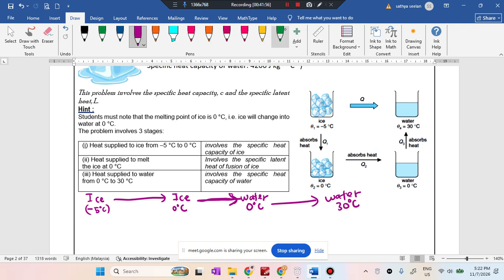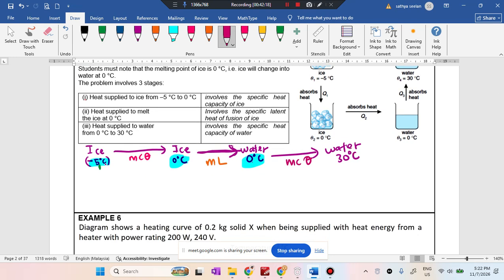Okay, jadi you all tengok guys dekat sini. Ini nampak dah temperature dia berubah tak? Temperature berubah, you mestilah kena pakai MC theta dekat sini. Ini nampak tak? Temperature dia tak berubah kan? 0 dengan 0. Jadi pakailah ML dekat sini. And then back to here, 0 to 30 temperature berubah. Jadi ini adalah MC theta.